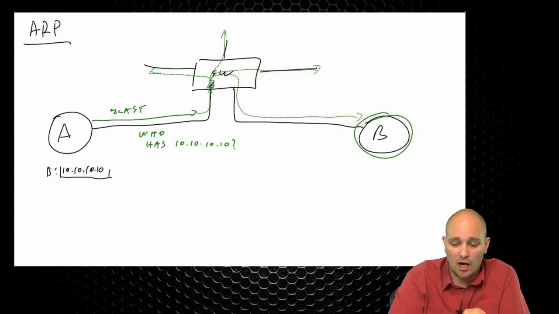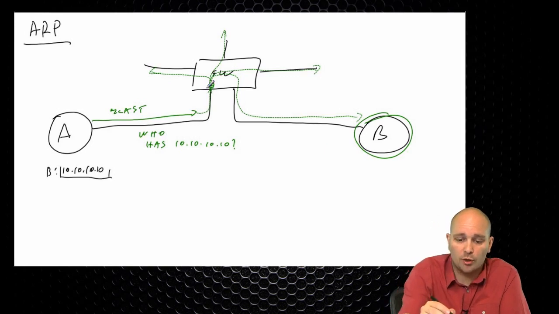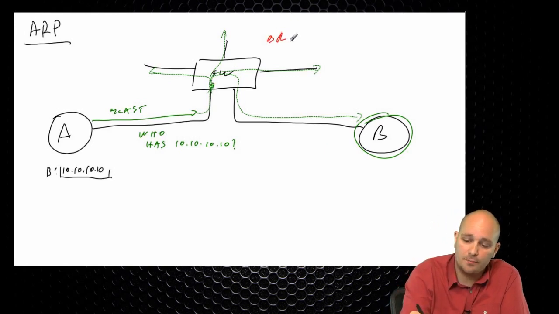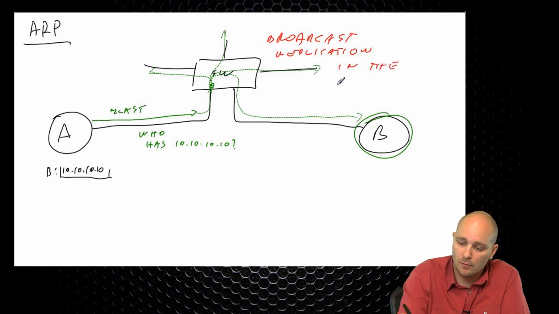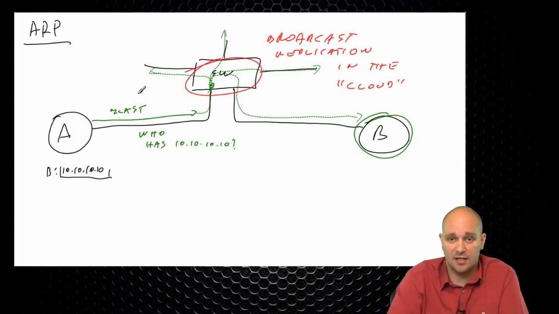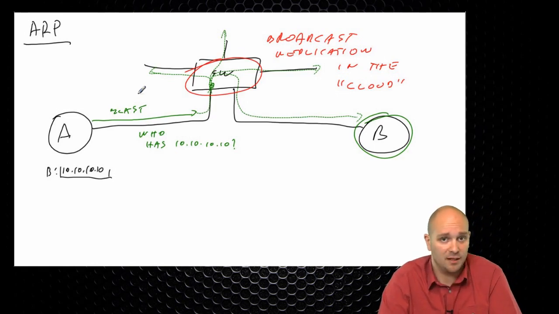Now, this is how ARP works, and for this to work, what we are relying on is the broadcast replication in the cloud, where our cloud here is actually just a single switch, or we might have multiple switches.